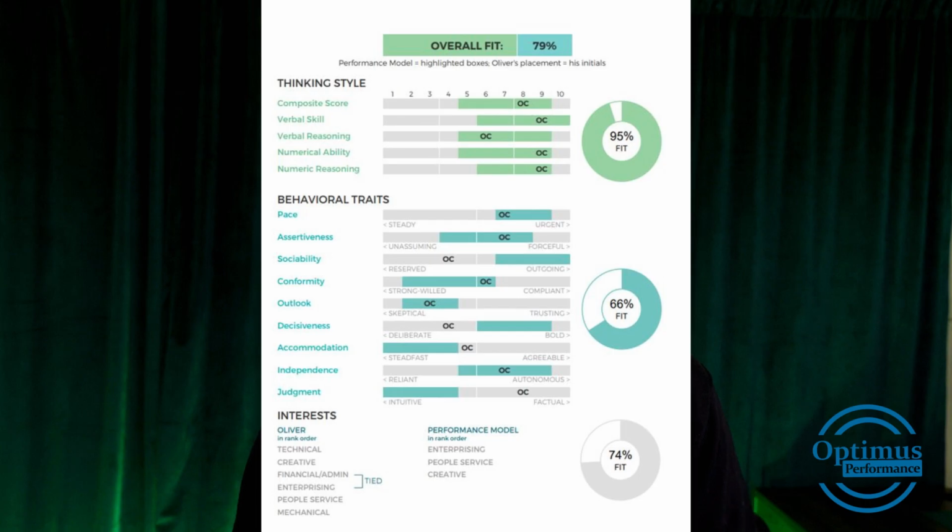We call this a performance model, which is what you see on each scale as being the shaded area. And OC is Oliver Chase, that's his initials, and it shows where he scores, and relative to the performance model, it'll show a percentage match for each section, and at the top, the overall fit.